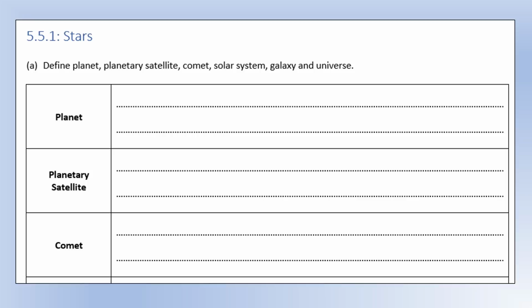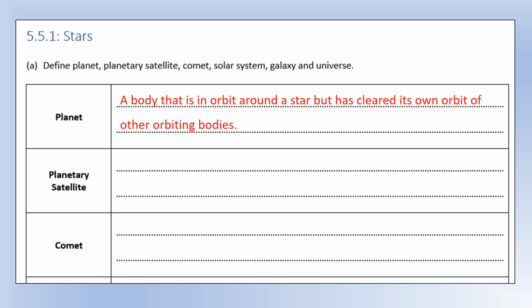All right, so now you've got your definitions, or at least your attempt at them. A planet is a body that's in orbit around a star, but has cleared its own orbit of other orbiting bodies. That's the definition, and this is why Pluto stopped being a planet, because it doesn't fit that definition.